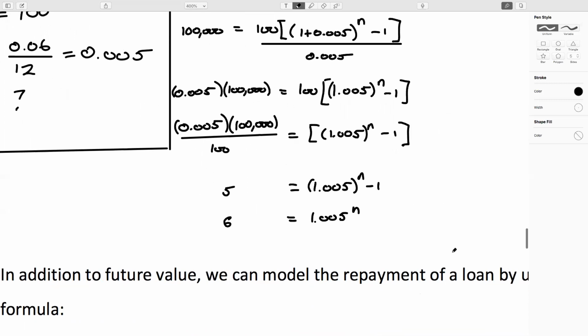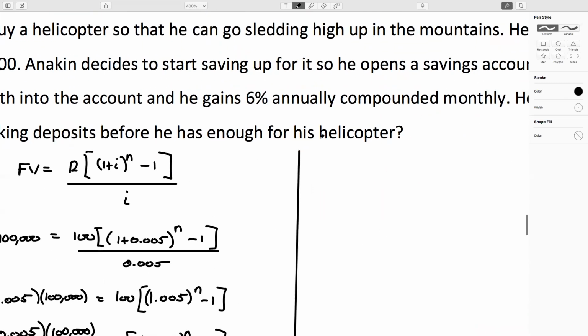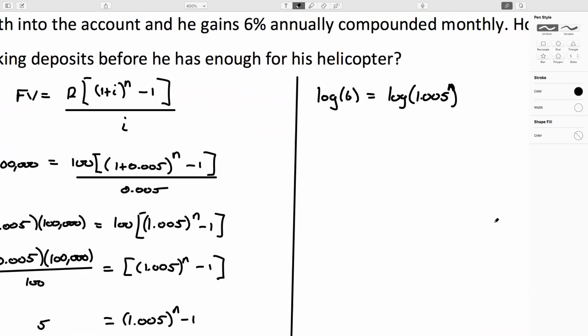And now we need to take the log of both sides. I'm running out of space here, so I'm going to move over. Log of 6 equals the log of 1.005 to the power n. I can now remove n.